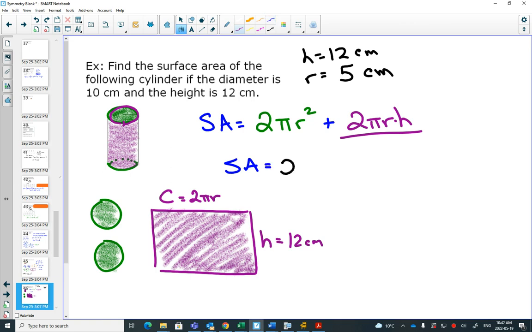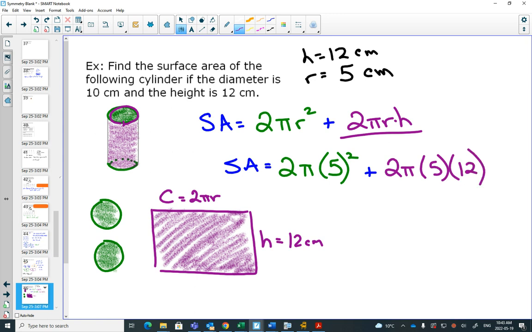For the green parts, you have 2 pi, and you know your radius is 5, and it needs to get squared, plus the purple part, 2 pi. We know the radius is 5, and we know the height is 12. You should be able to, on your calculator, type this whole line all at once. So I can figure out my total surface area is going to be, and I go to my calculator.